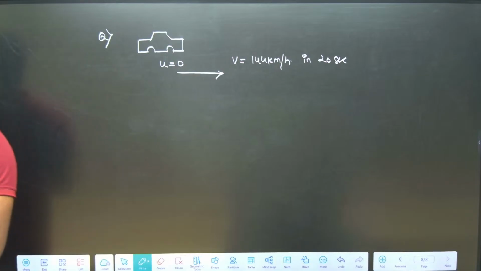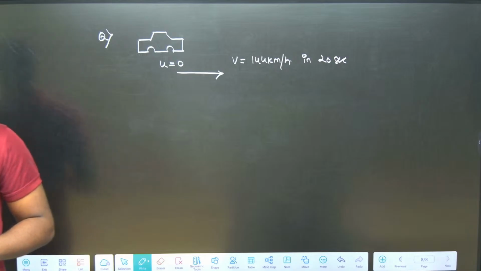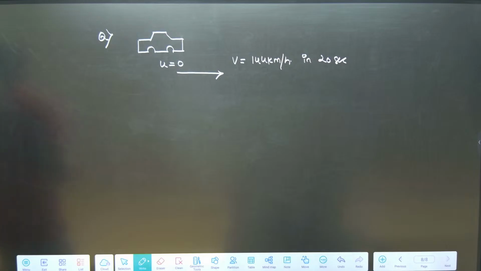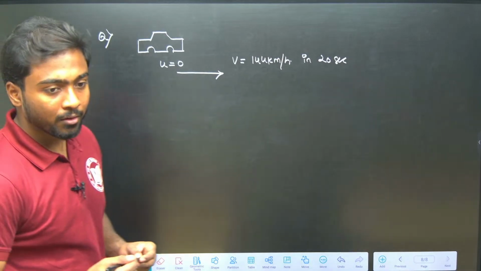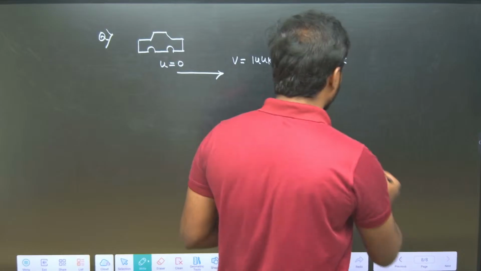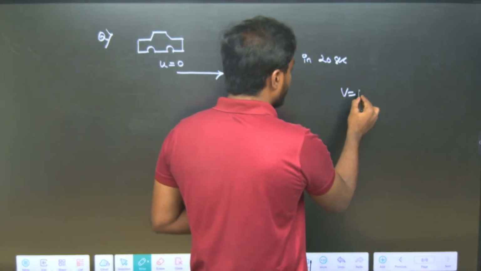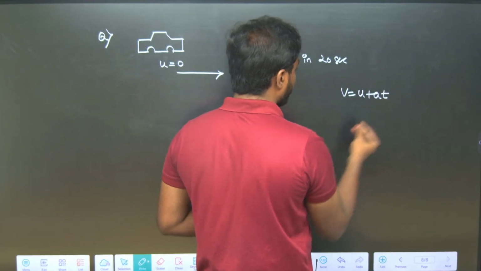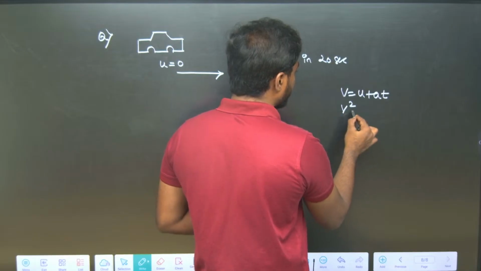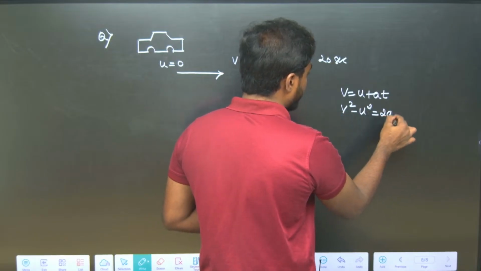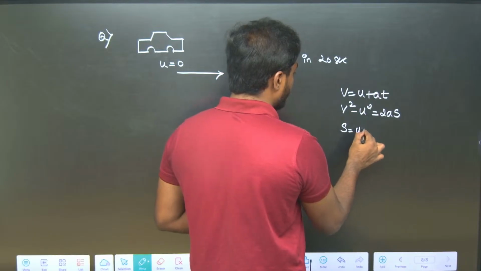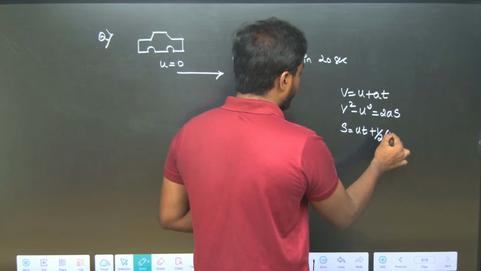Can you find? What is the answer? You can use those equations only. V is equal to u plus at. V square minus u square is equal to 2as. S is equal to ut plus 1 by 2 at square.